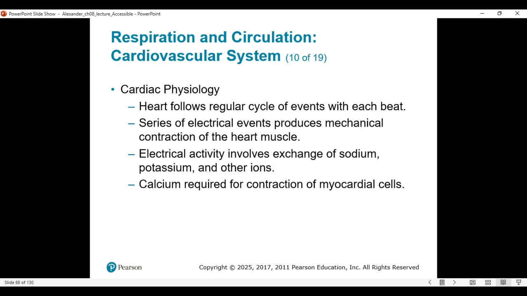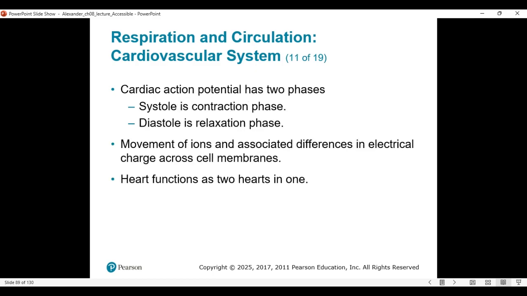This electrical activity is an exchange of sodium, potassium, and other ions, calcium specifically. Calcium is required for contraction of the myocardial cell. We have two phases: the systolic, when it contracts, and the diastolic, when it relaxes.